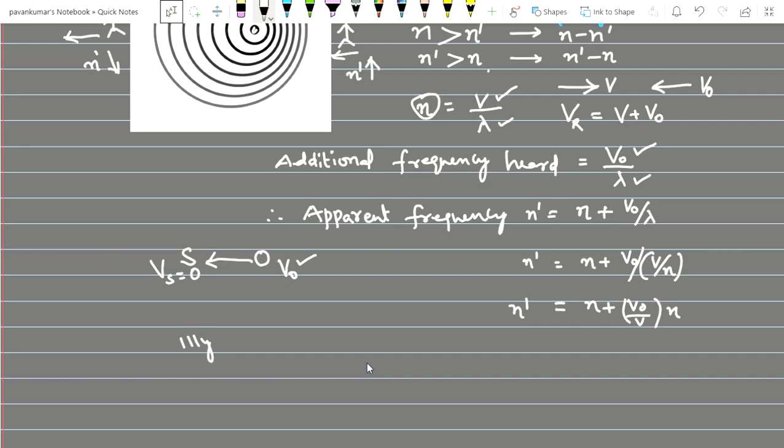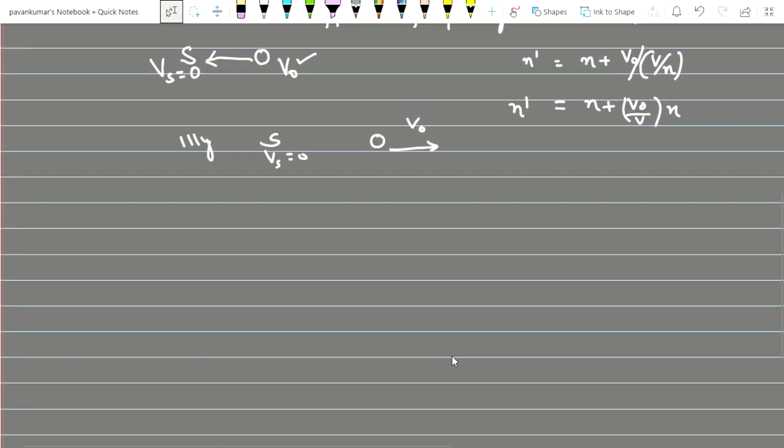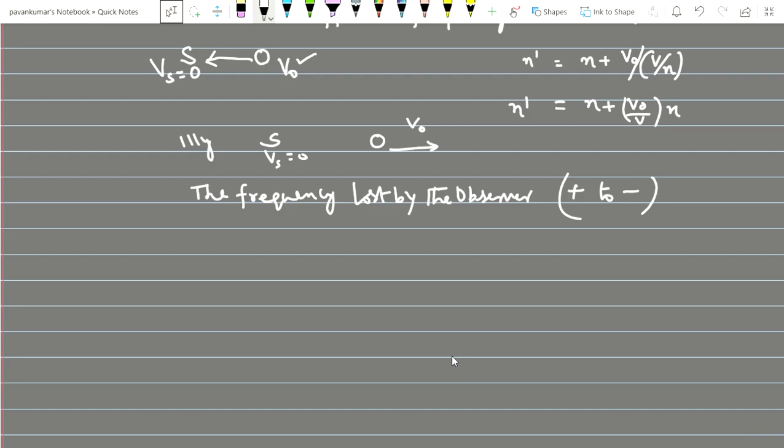Similarly, when the source is at rest and the observer is moving away from the source, we can clearly replace the plus values with minus, because of the frequency lost by the observer, which is v0 by lambda.